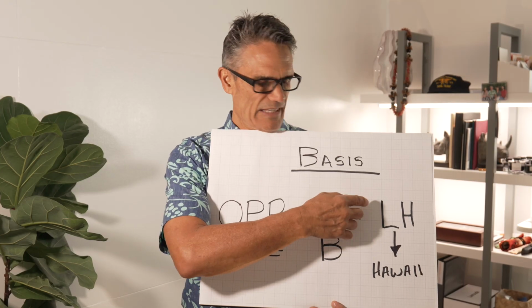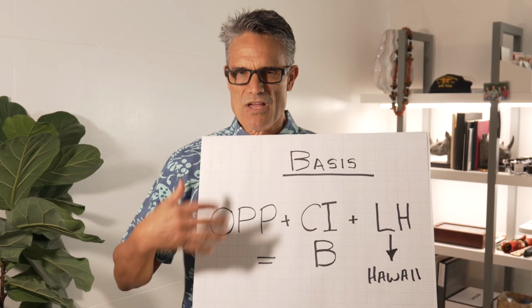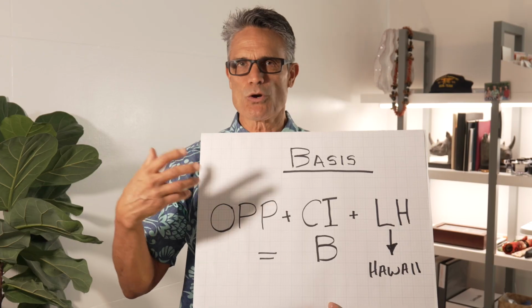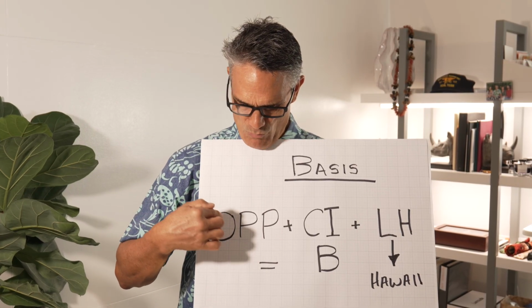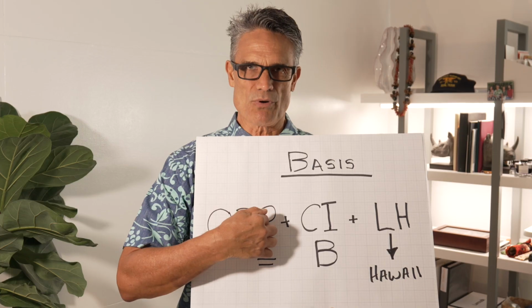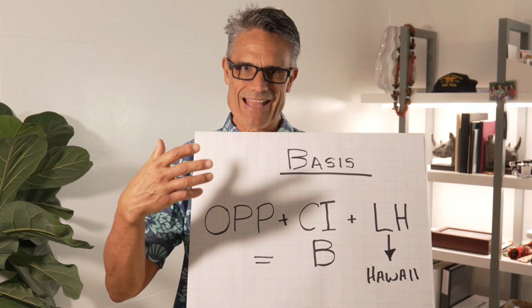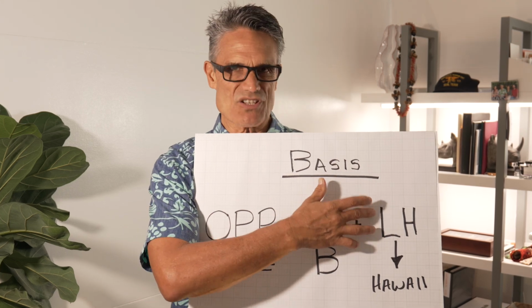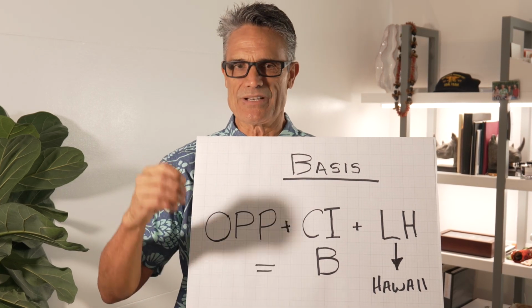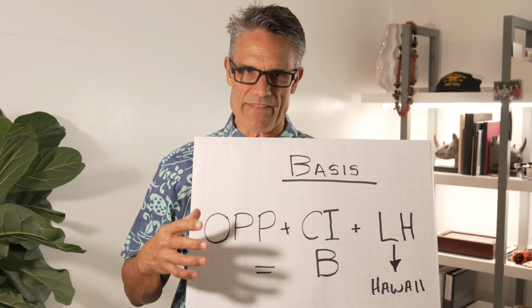And in Hawaii, you may have bought the land at one point, so the purchase of a leasehold interest. Let me go through it again: original purchase price plus capital improvements, and if you had a leasehold property originally, you purchased the land, you add all of that together and you come up with your basis. And I'm going to tell you why that's important.